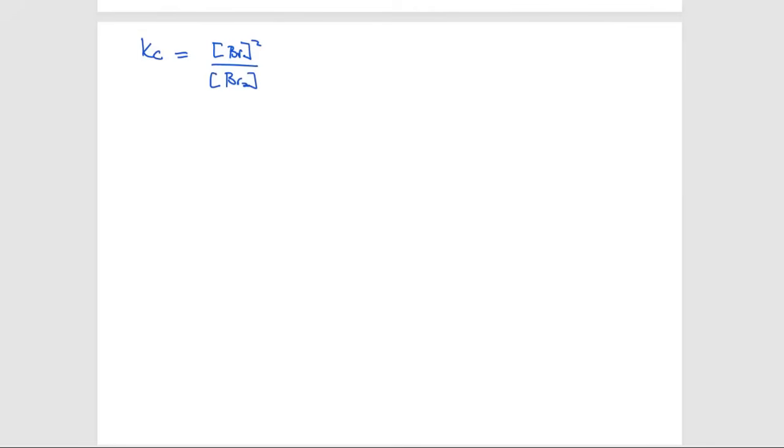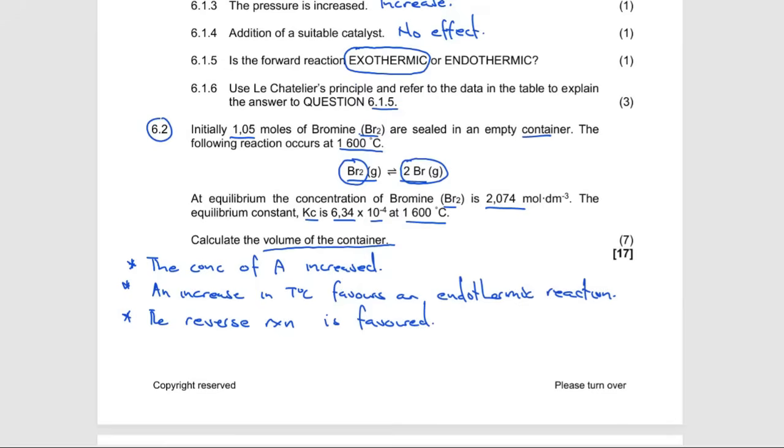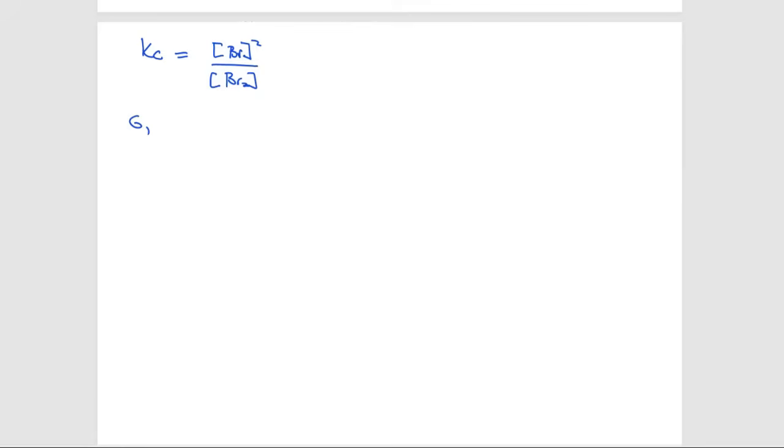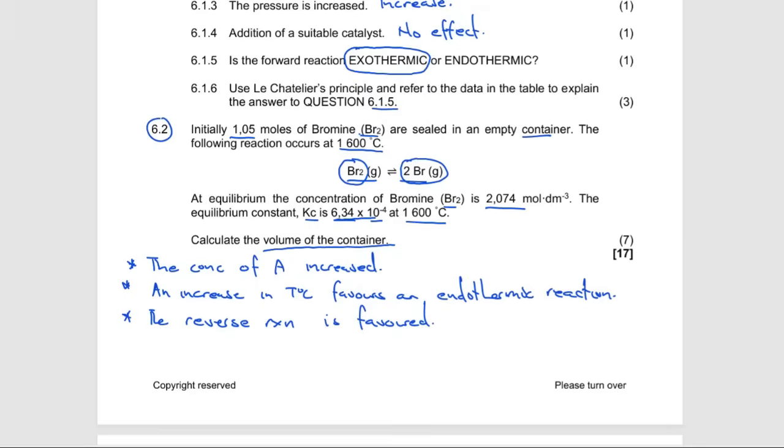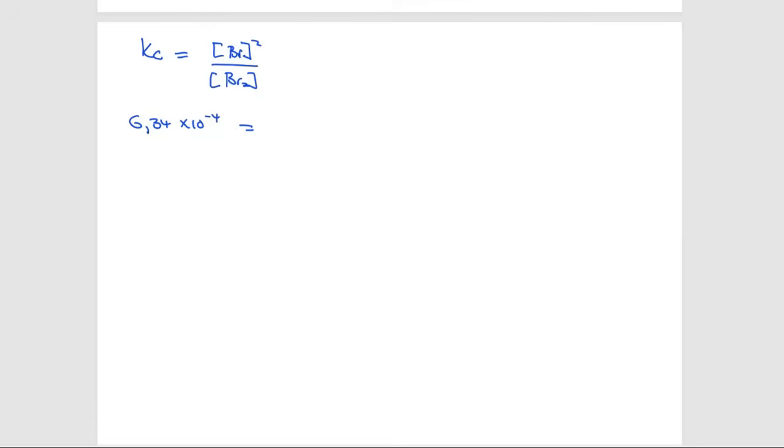This is how it looks. Then we're already given a Kc value of 6,34 times 10 exponent negative 4, which is equivalent to the concentration of Br squared, as we're not given the concentration of this one, all over the concentration of Br2.